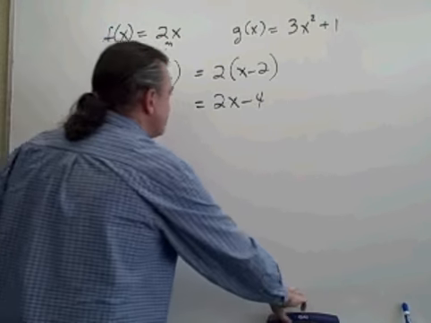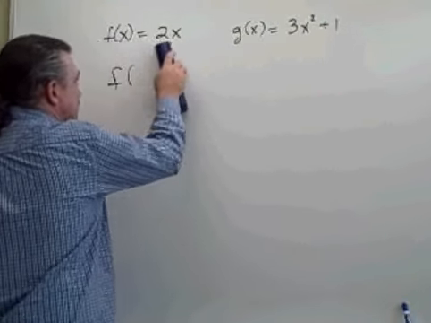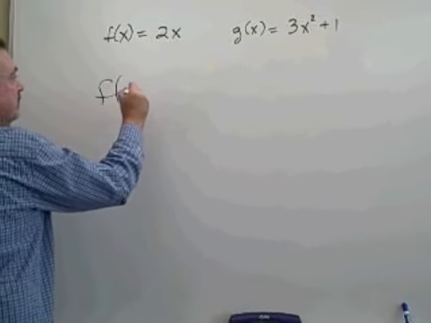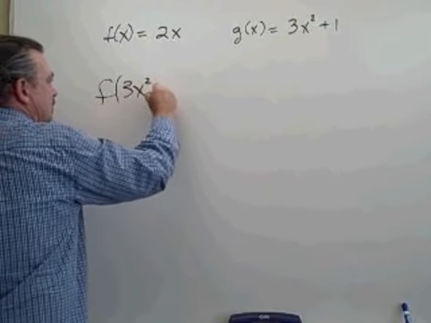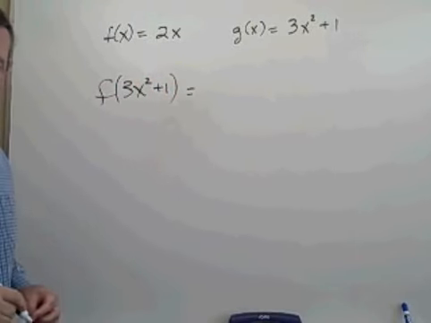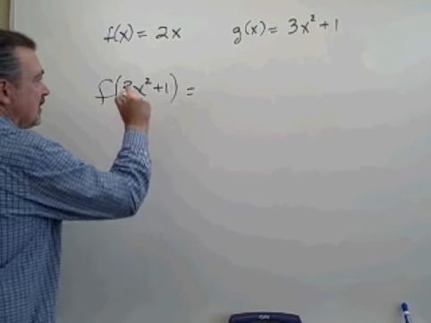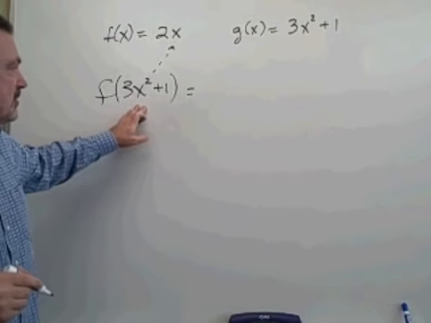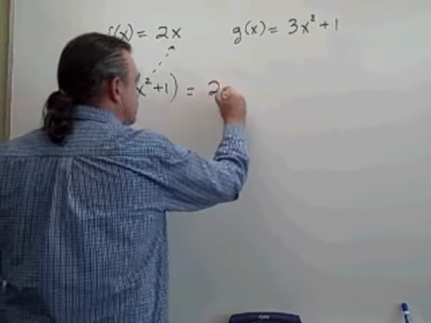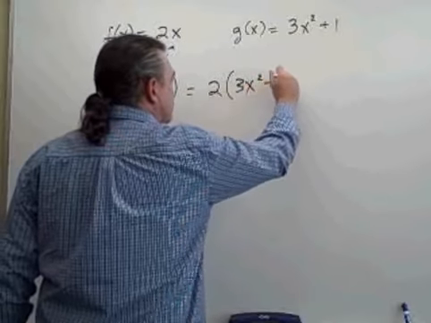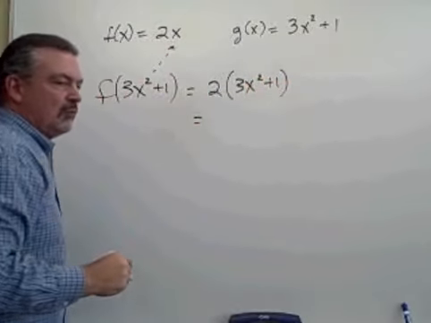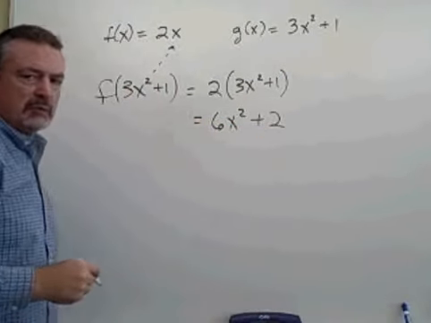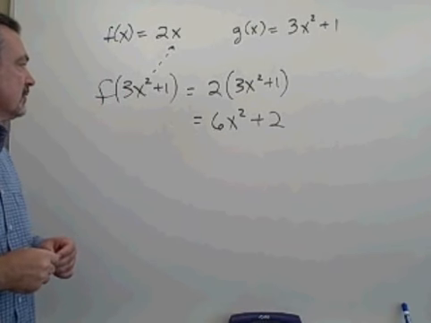Well, what if we evaluated that function f at 3x squared plus 1? Then again, wherever there's an x, we're going to replace it with that entire expression, 3x squared plus 1. Which would give us 6x squared plus 2 when we multiply through and remove the parentheses.